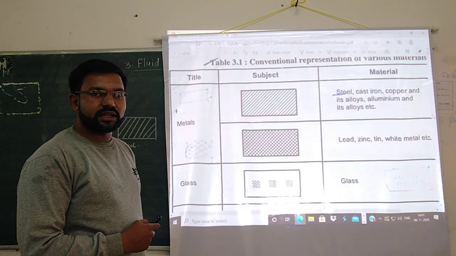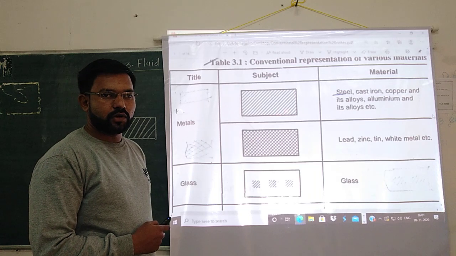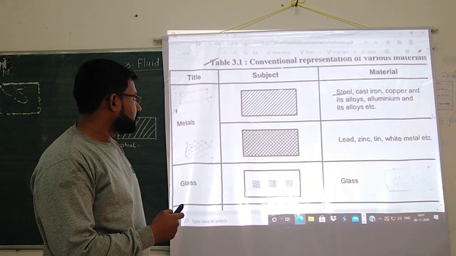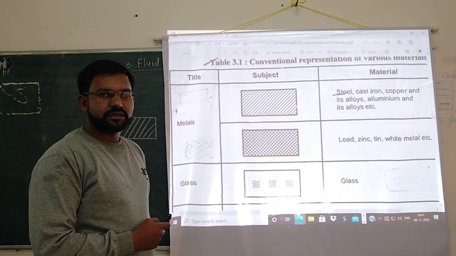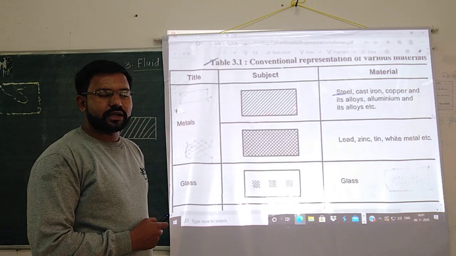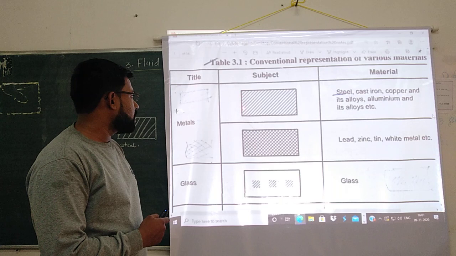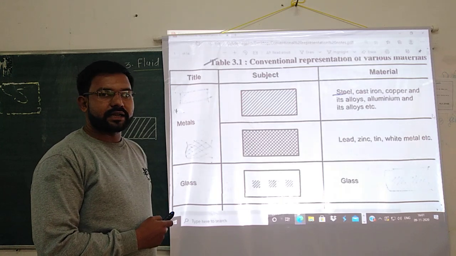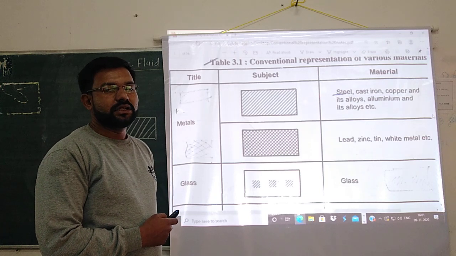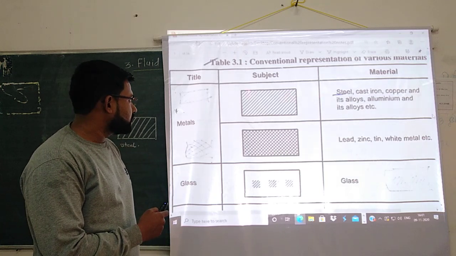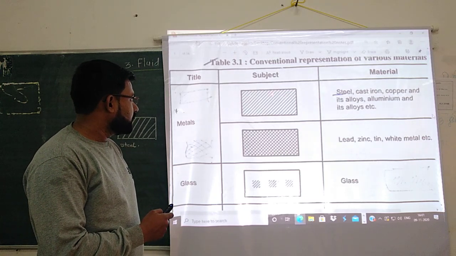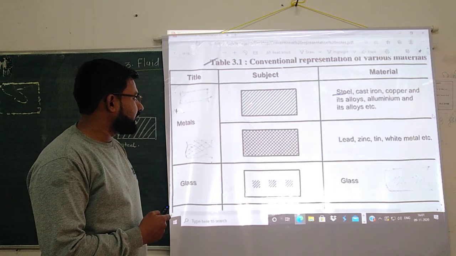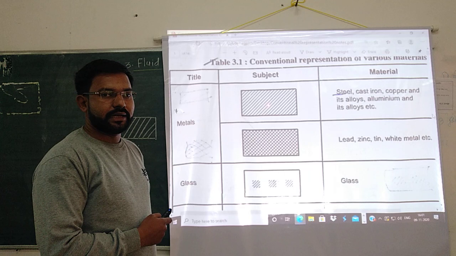So how to draw this convention? It is very simple. You have to draw a rectangle of any appropriate size. In that rectangle you have to draw lines inclined towards the left side, approximately at 45-degree inclination.